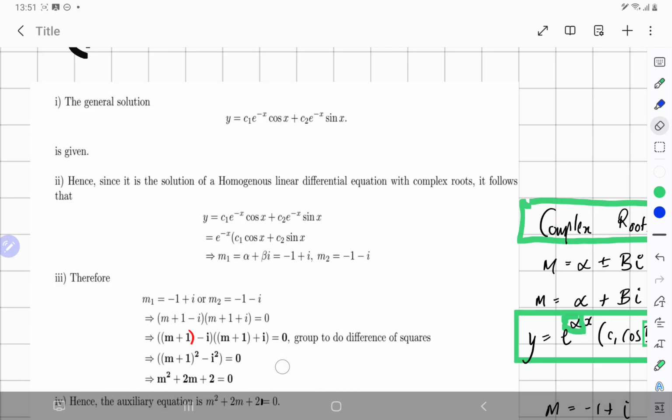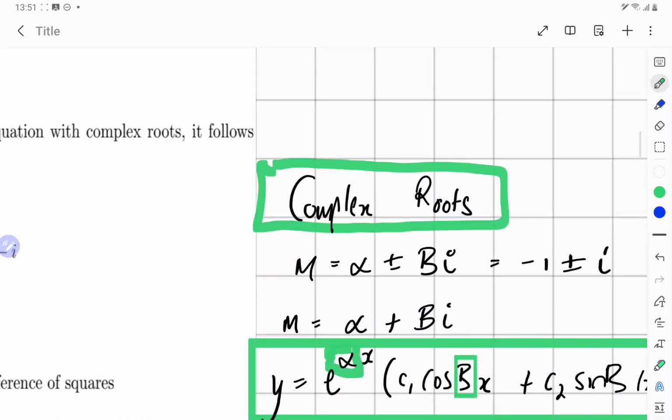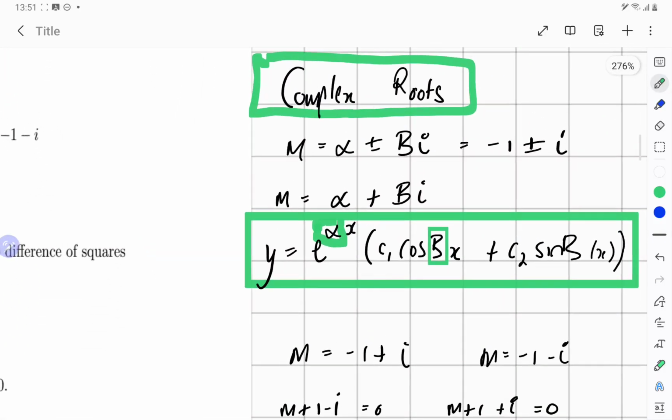We see here now that they've given us the general solution, but recall from our previous two videos, if we have two complex roots in conjugate pairs, alpha plus beta i, we will always use the positive beta i.